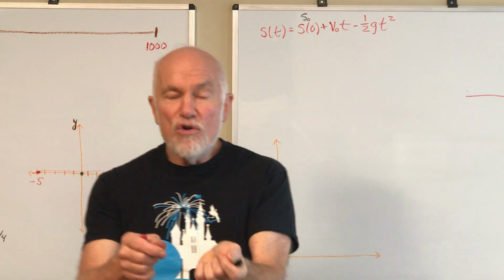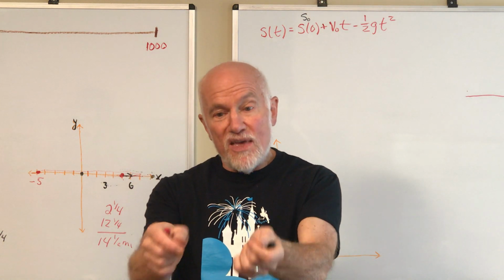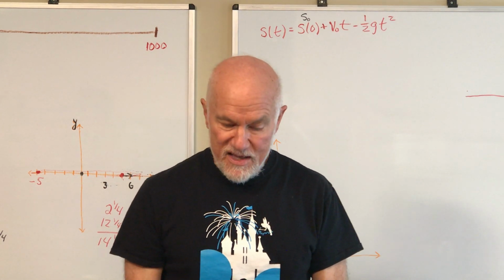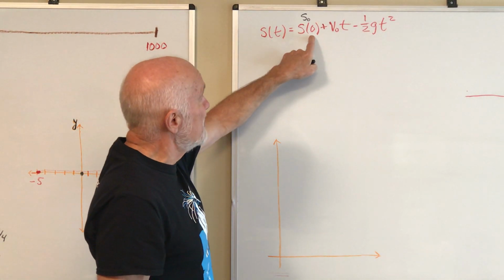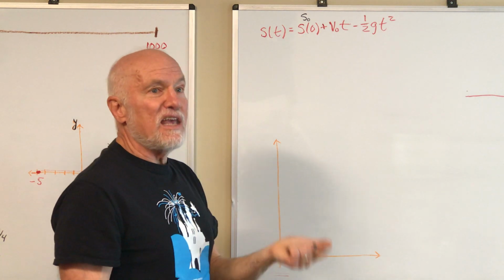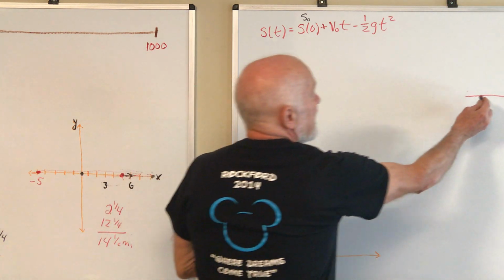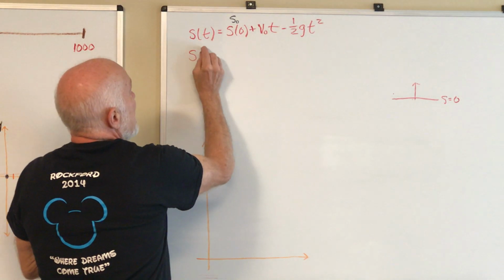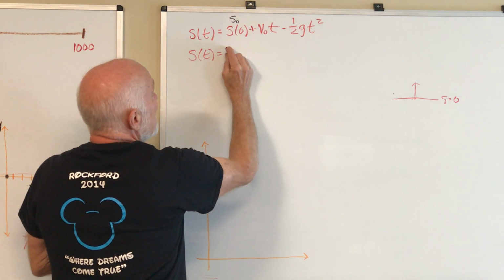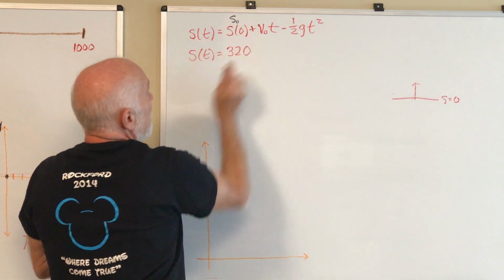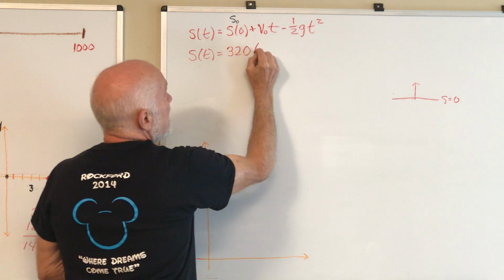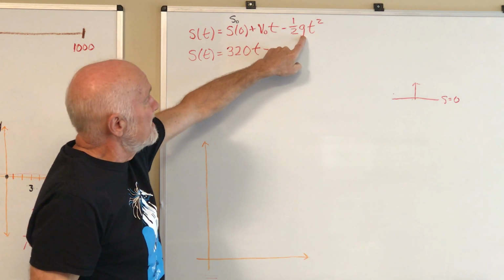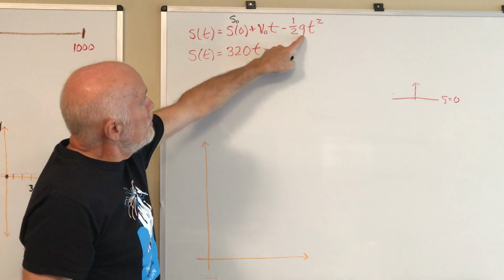By the way, most people, when they punt it like a football, they punt it from about their waistline, whereas I do it right from the ground. So I can say that my initial position is 0, because I start kicking it right from the ground, right here, in an upward manner, and my initial velocity is that leg speed of 320 feet per second, and on Earth, this gravitational constant is 32 feet per second.